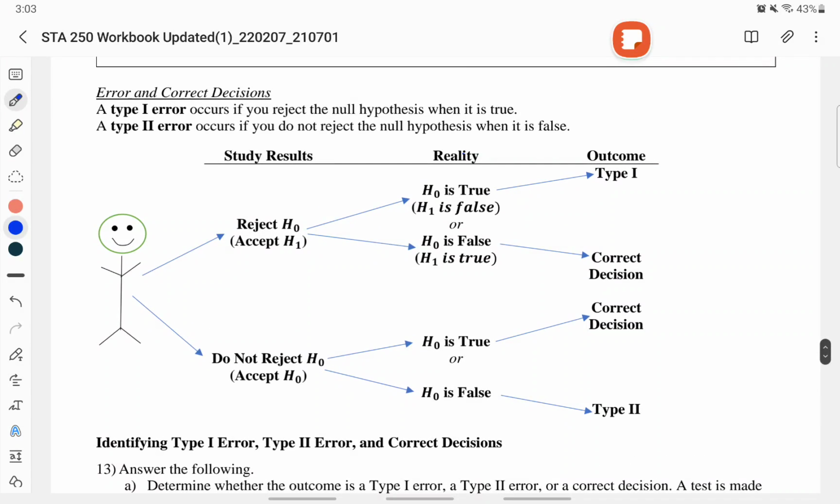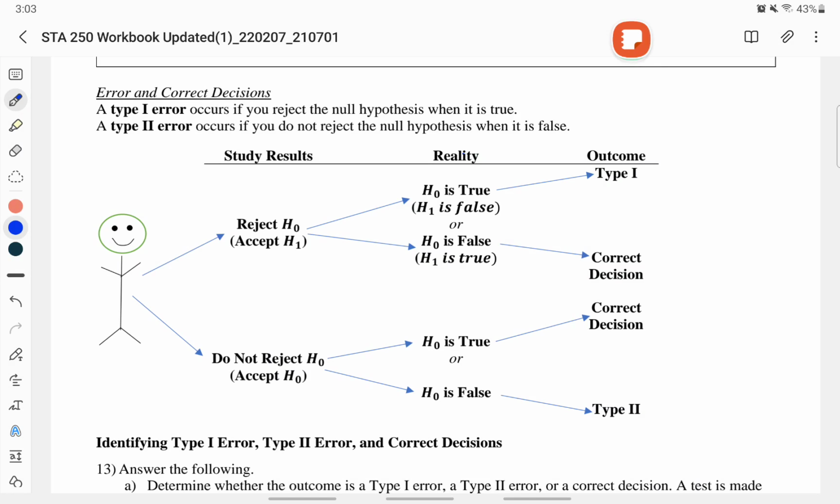Now, if you do not reject the null hypothesis, and the null is true, that is also a correct decision because you are not rejecting something that is true. And if you are not rejecting something that is true, that means you are accepting something that is true.